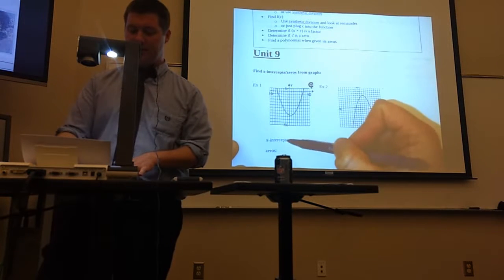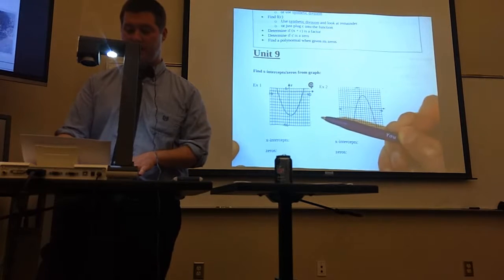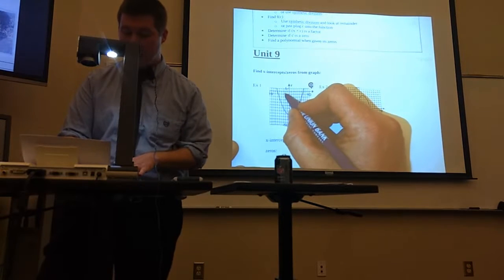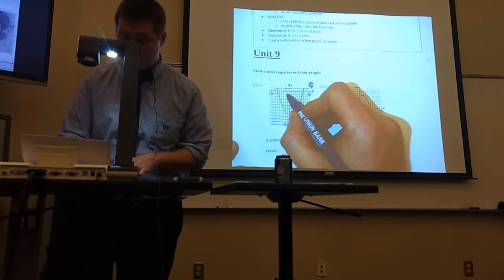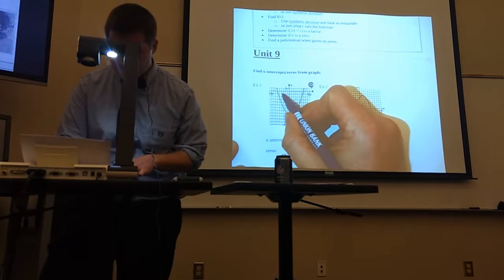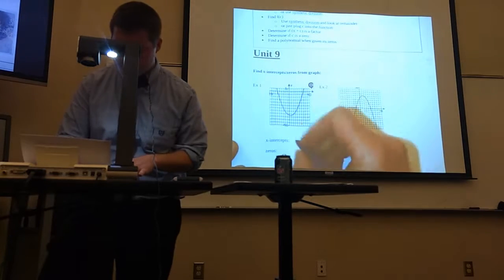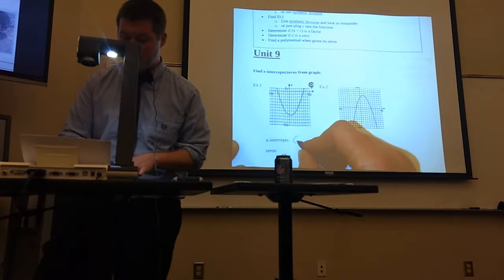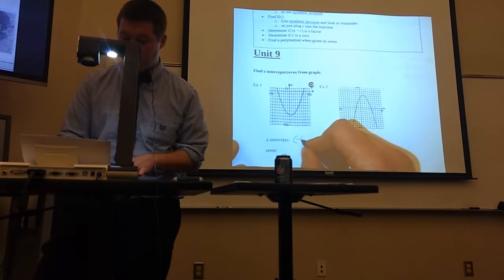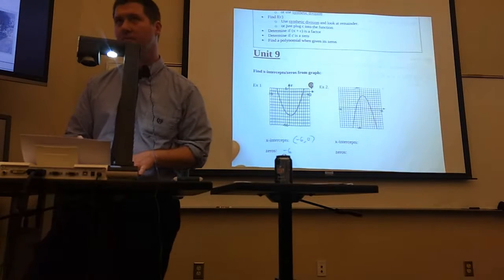So what is an x-intercept? Yeah, it's where it touches the x-axis. So this one looks like it's crossing at, I can't even tell. Yeah, so it looks like -6. So the x-intercept we would write as an ordered pair, and the zero is just the number.